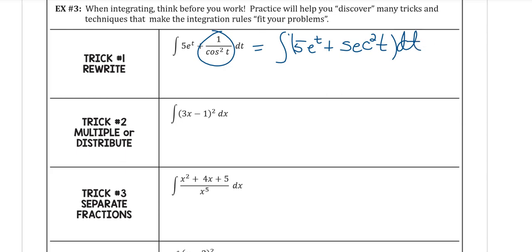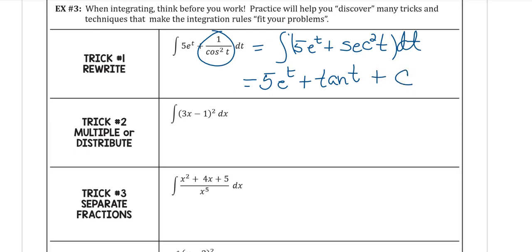Secant squared is a derivative whose antiderivative is tangent. So our answer will be 5e to the t, since e to the t is its own derivative, plus tangent t plus c.